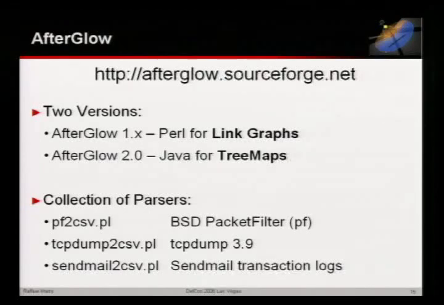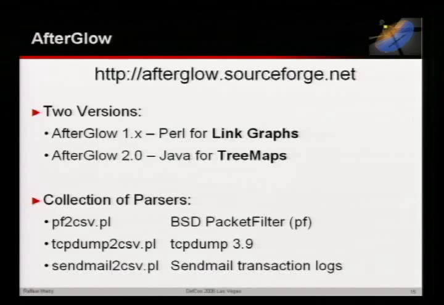Then for version 2.0, I started coding in Java, and I used a library, and I thought I would be able to get all the functionality from 1.x into that new Java framework. But it turns out the library I'm using is a little buggy, and the author was not really responsive. I traded a few emails, and so far I haven't gotten any patches for the bugs that I found. So for now, there are two versions, I'm sorry. Hopefully at some point there's a 3.0 which combines everything.